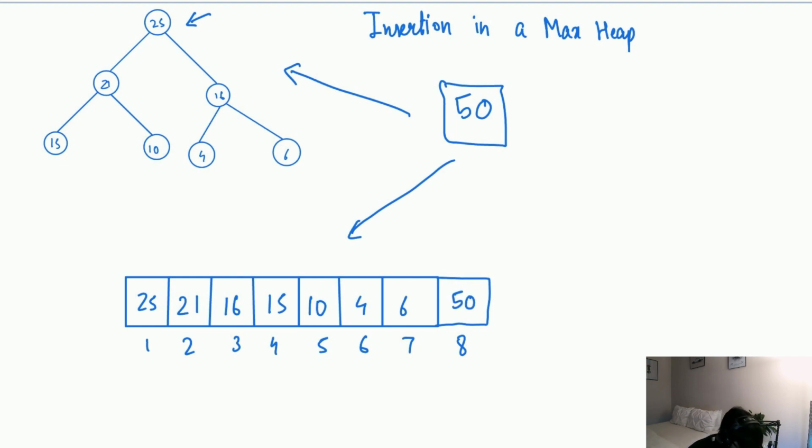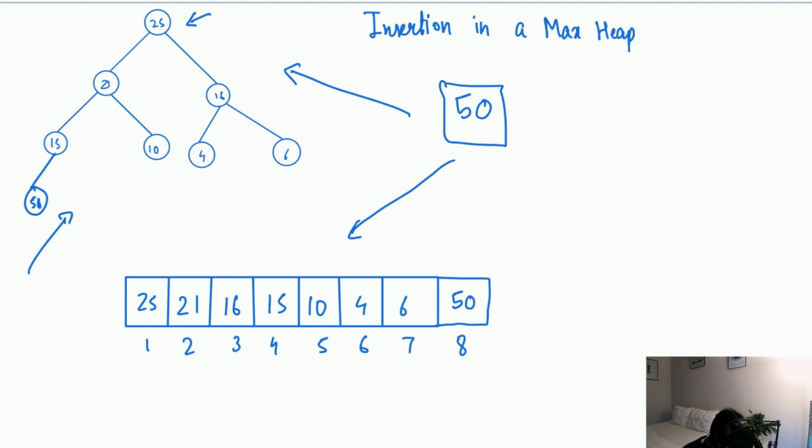Now at this point, when we insert this, the parent node for it is going to be i by 2, which is 4, and 15. So we fill up 50 over here. Now essentially at this point, this binary tree is not a max heap.